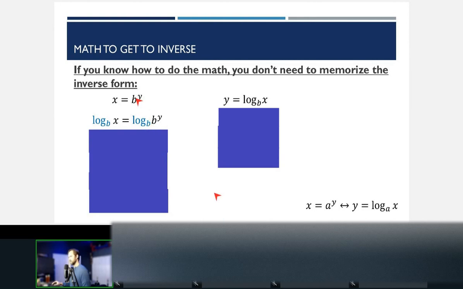So if that's a 5, we're going to make this a 5. We want these numbers, or in this case these variables, to match. So we are log base b both sides. This is similar to if we were to square both sides or square root both sides. We are allowed to log base both sides. Good so far, everyone?